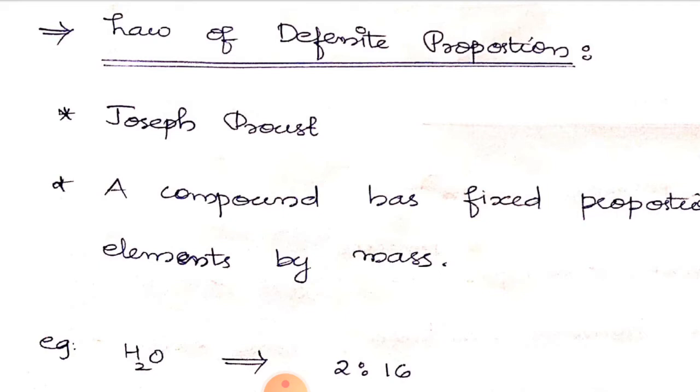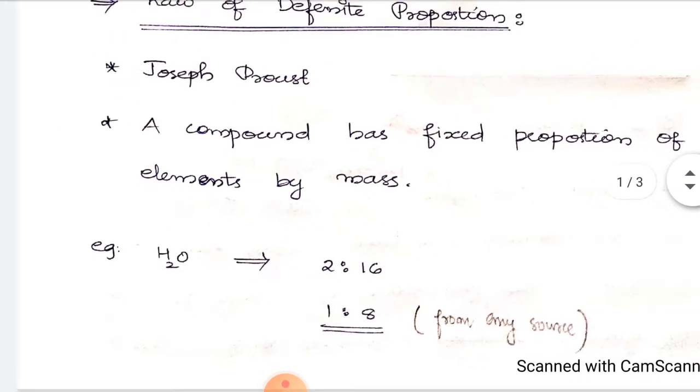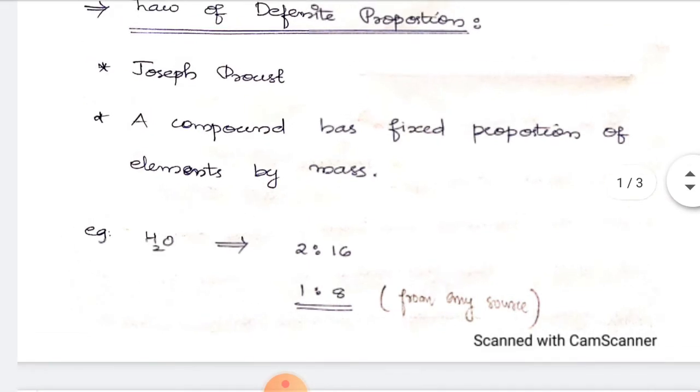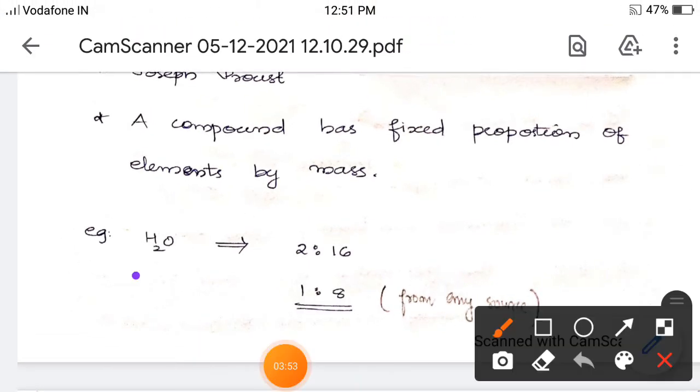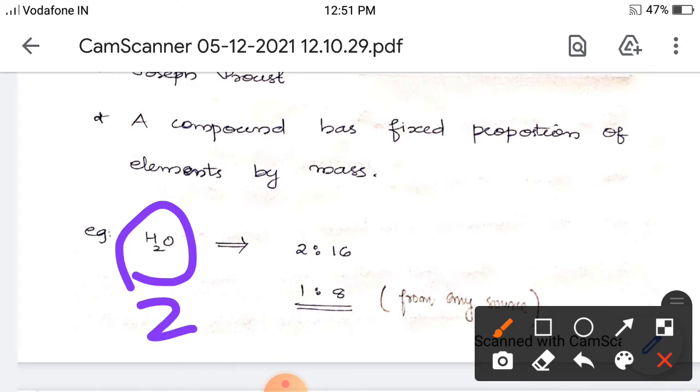It was proposed by Joseph Proust. Here you can see the example H2O. The mass of hydrogen is 2 and oxygen is 16, isn't it?